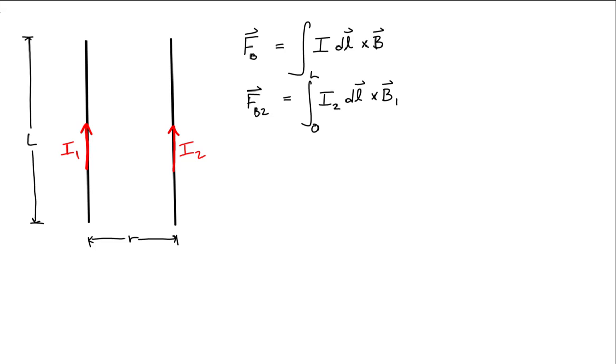So in order to determine the direction of the magnetic force, we have to determine the direction of the cross product between the displacement differential of the current and the magnetic field of wire 1.